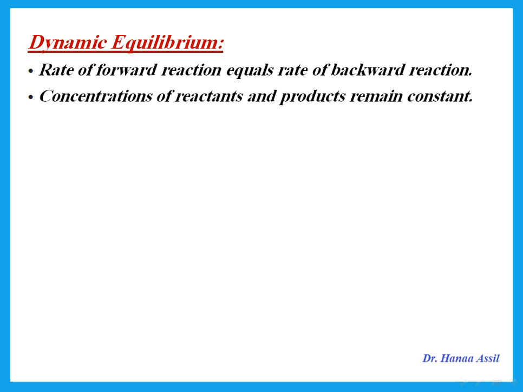Now, when the reaction is in dynamic equilibrium, this means that we have reached a state in which the rate of the forward reaction equals the rate of the backward reaction, and concentrations of reactants and products remain constant.